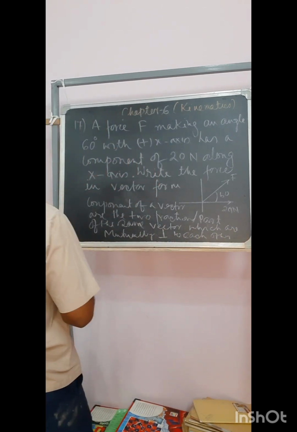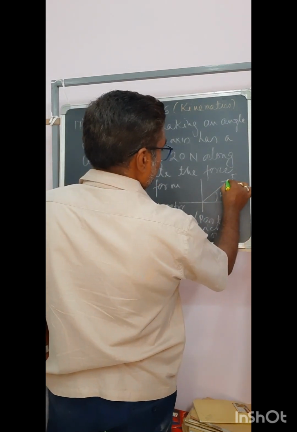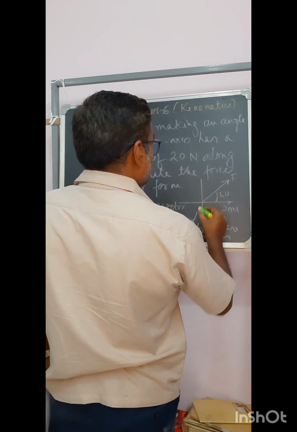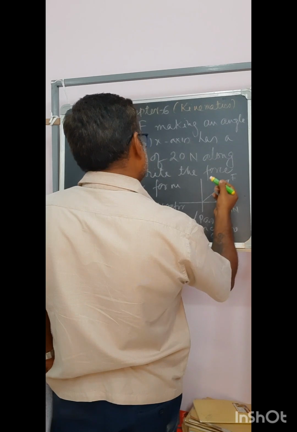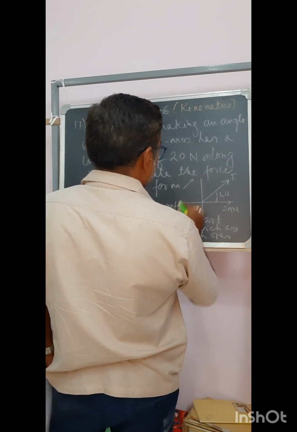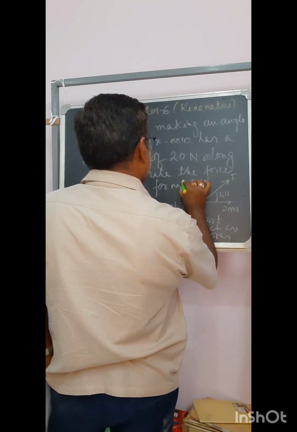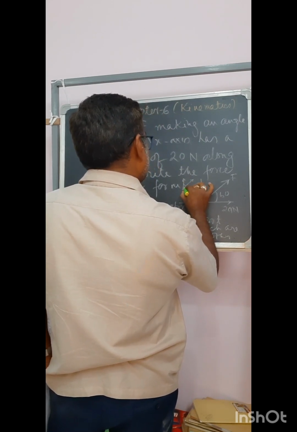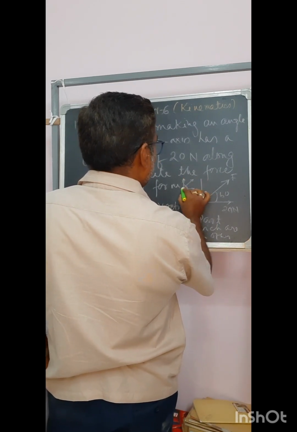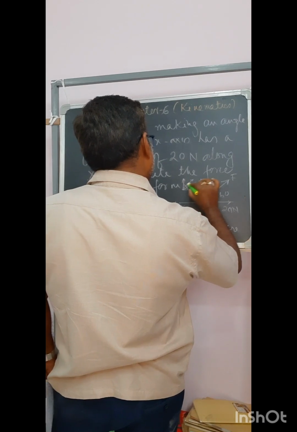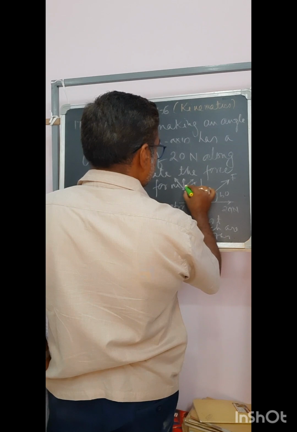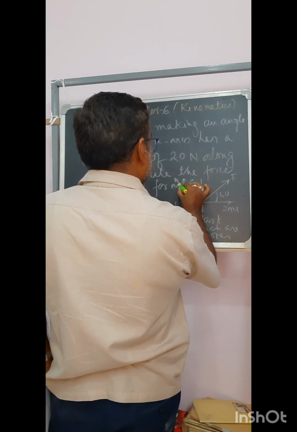So it means if this has to be broken into components, it could be broken into two such components. Means if it is a force, it can be divided into two components whose internal angle will be 90 degrees. So it is not that it has to be divided into horizontal and vertical. It could be any angle, but ultimately the components, the fractions or the parts, must have the in-between angle of 90 degrees.